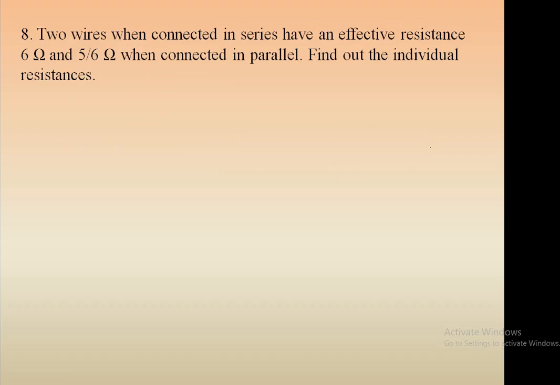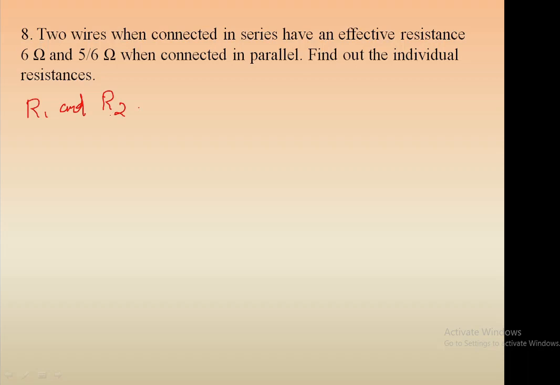Now we have another one. Two wires when connected in series have an effective resistance of 6 ohm, and 5 by 6 ohm when connected in parallel. Find out the individual resistances. So let us have R1 and R2 as the individual resistances.